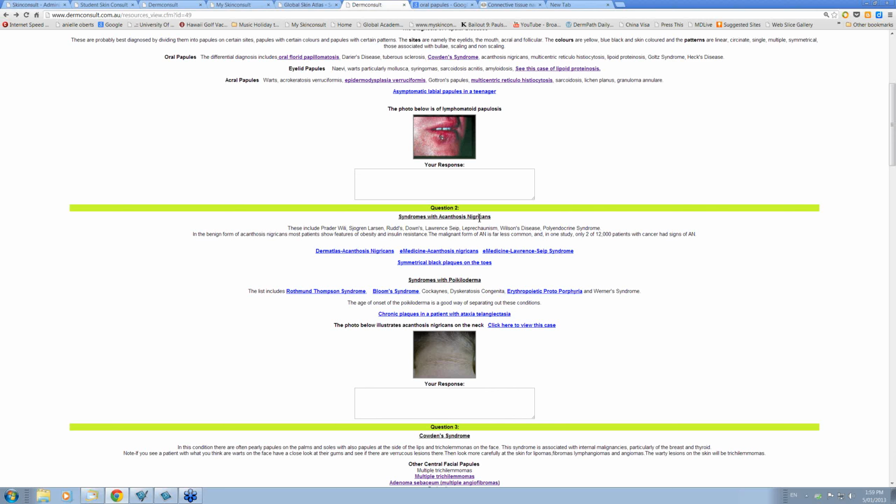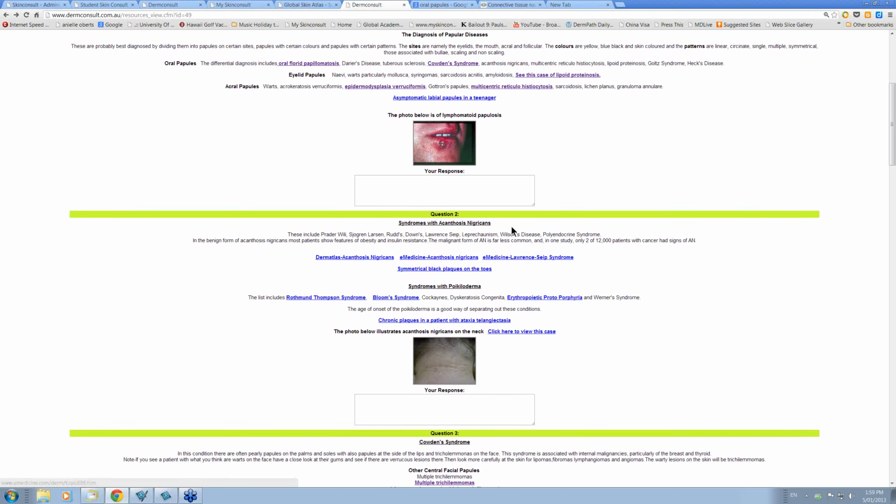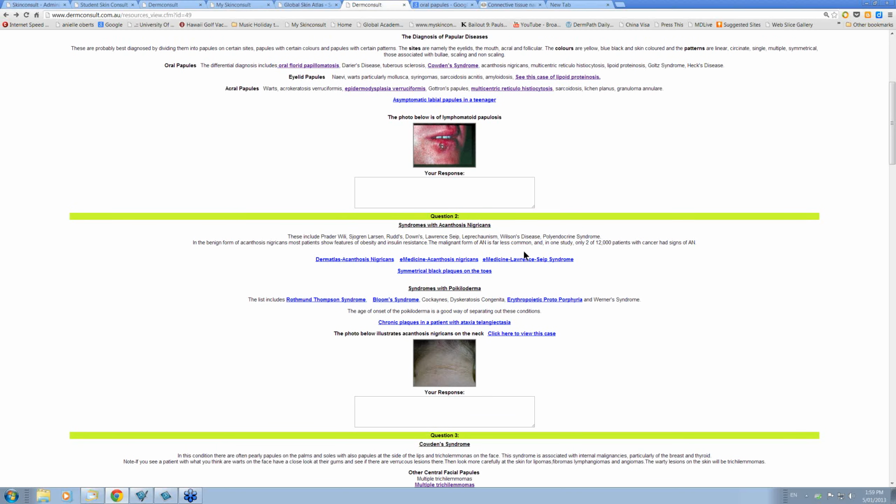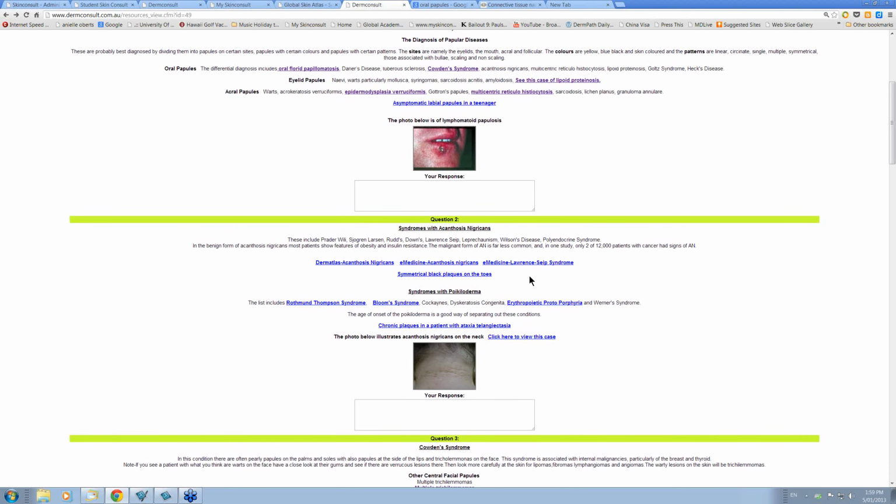And so you'll often see it in patients with metabolic syndrome, you'll see it in patients with polycystic ovary, and in those circumstances we often call it pseudoacanthosis nigricans. The one we're worried about is the malignant acanthosis nigricans, but really that's not common. They're saying in one study only 2 of 12,000 patients with cancer had signs of acanthosis nigricans. So it's not really a great marker of internal malignancy.